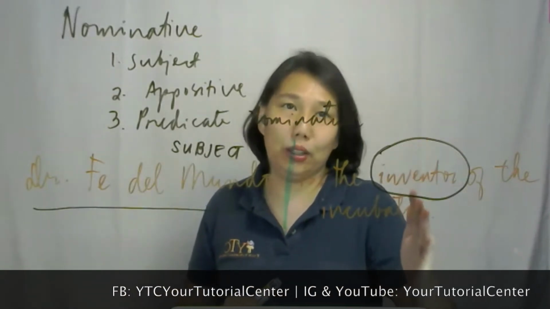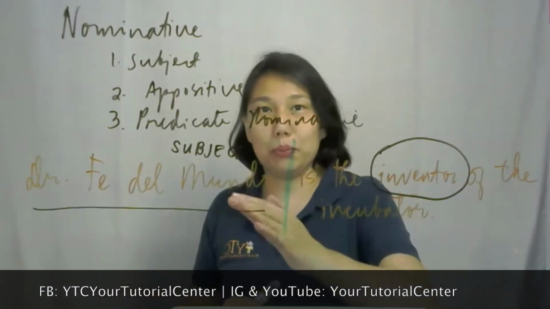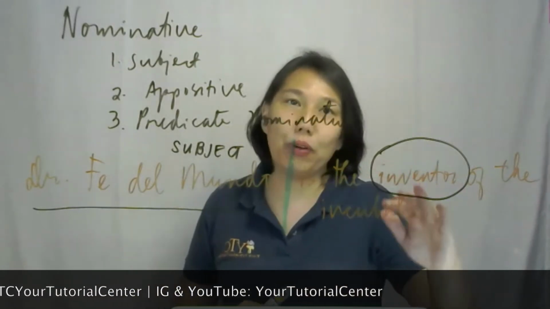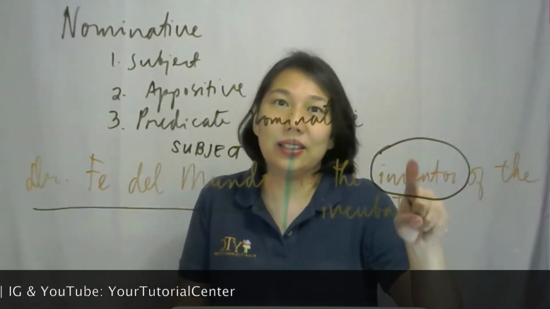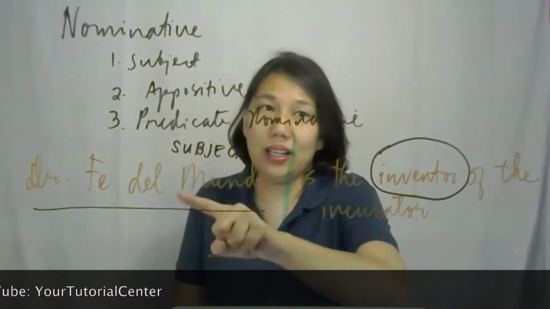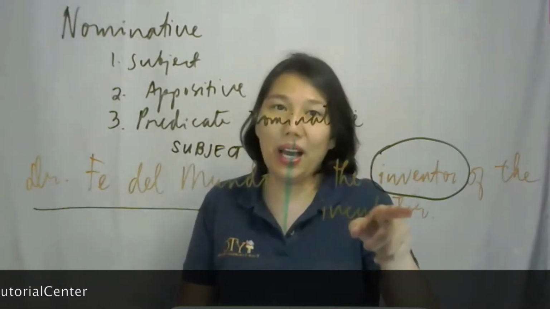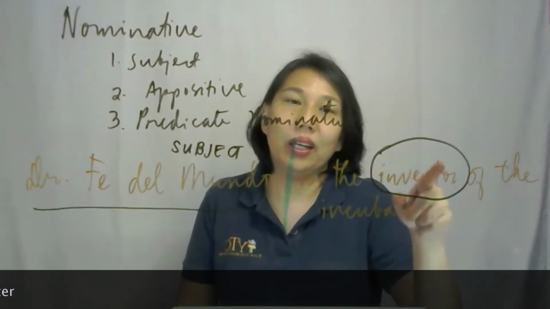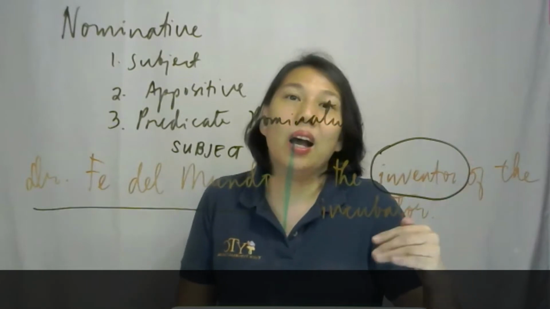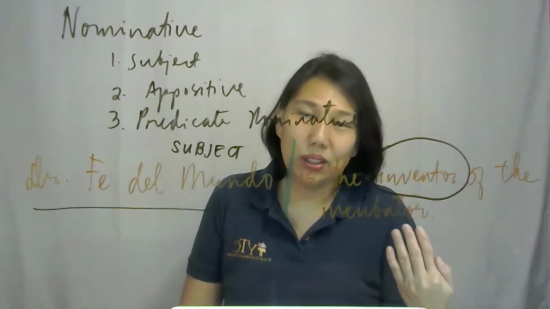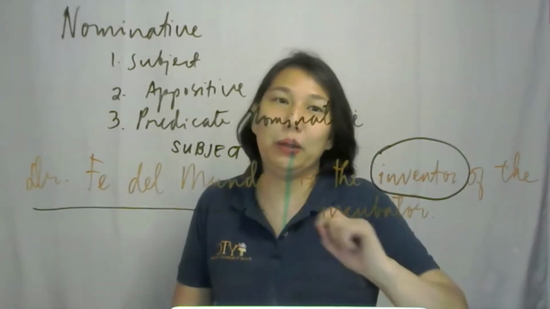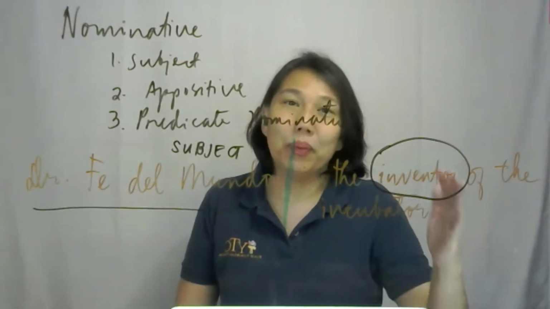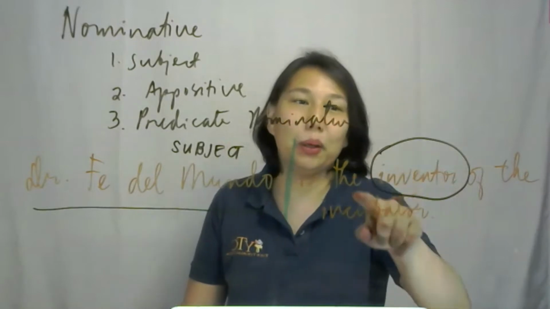The predicate nominative explains or adds information to the subject, but it is found in the predicate part. So this noun is the same as the subject, except that it is found in the predicate part. Other books define the predicate nominative as the one that renames the subject, except that it renames the subject in the predicate part.